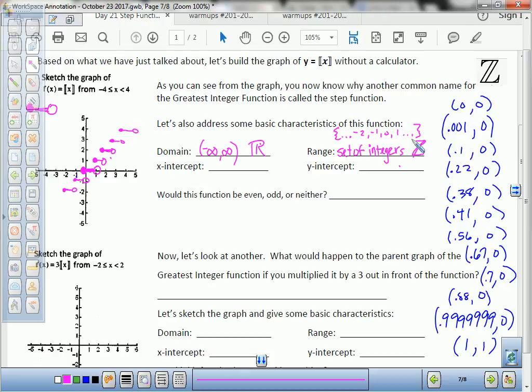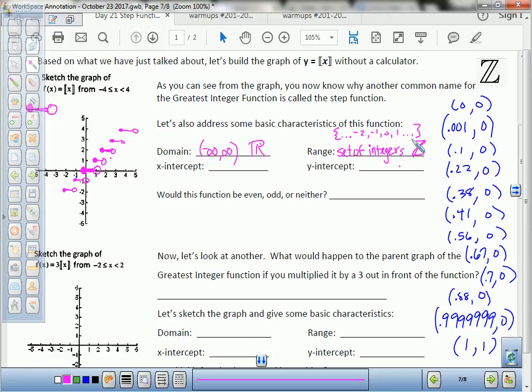Okay. All right, x-intercept. The x-intercept's a weird one because it doesn't intercept in a single point. Do you see this? That's not a single point. That's a line segment. And a segment represents an infinite number of points. So I can't describe the points unless I use an interval.